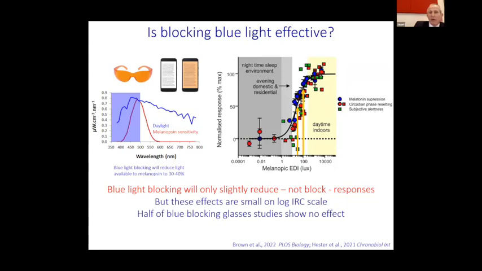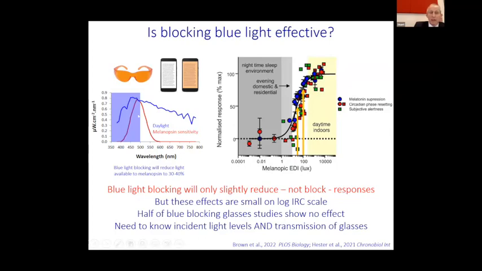In individuals with normal sleep, around half of studies show some effect, half show no effect. But one of the key points is you need to know the incident light levels, because if your light levels are up here, reducing those by a small amount won't have any effect. If they're down here, then you may be having no effect anyway. So you need to know that actual incident light level as well.